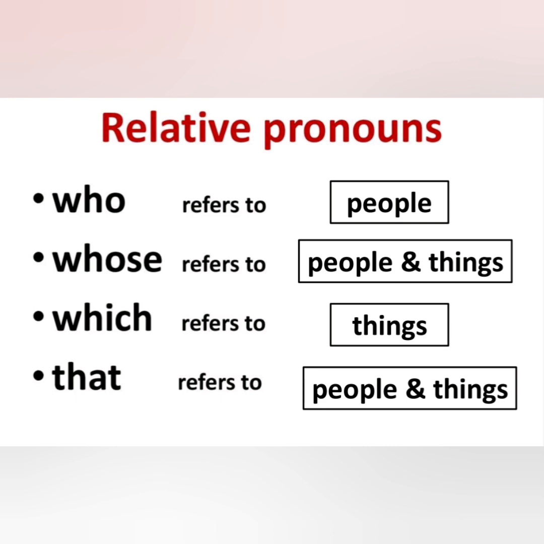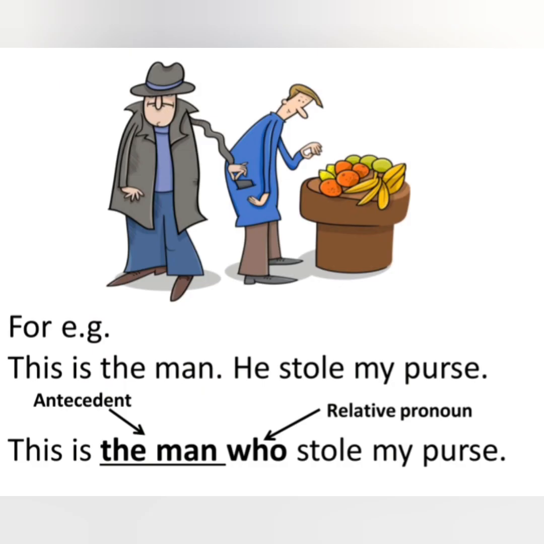Let's understand this with an example. This is the man. He stole my purse. Here, we can connect these two sentences with a relative pronoun and it reads as, this is the man who stole my purse.